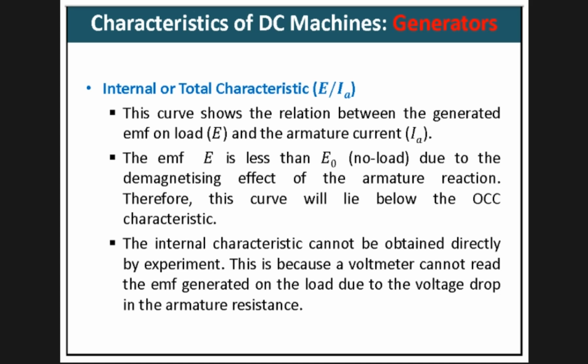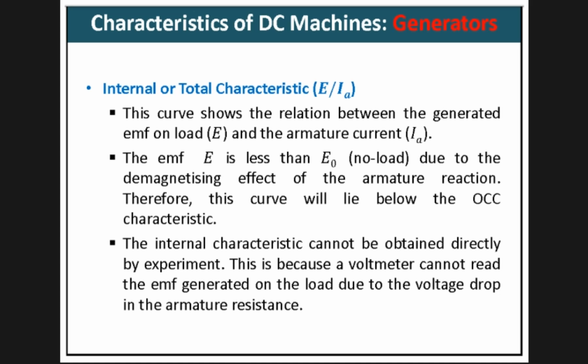But now we are going to consider it with load, right? That means you have connected some load to the armature coil terminals. Then this is the EMF generated by the armature and the armature current IA. So this is called the internal or total characteristics.